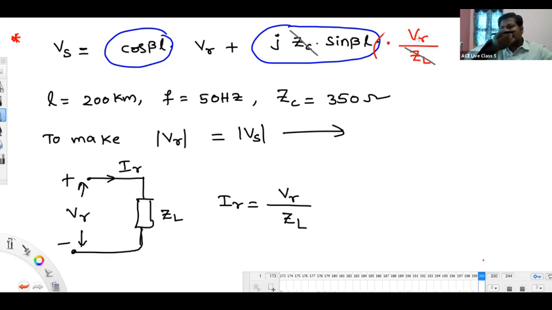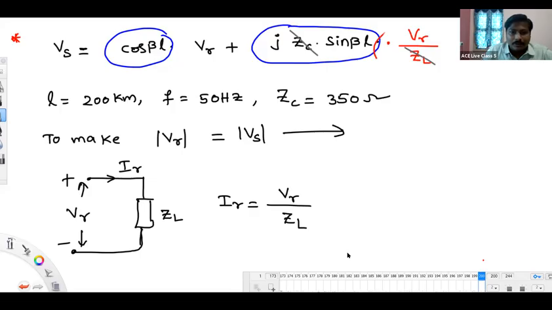Taking Vr common, you get cos beta L plus j sin beta L. And what's the magnitude of that? 1. Obviously, you get the magnitude of the sending end voltage and the magnitude of the receiving end voltage as equal. Mod Vs and mod Vr are equal. All of you getting it?